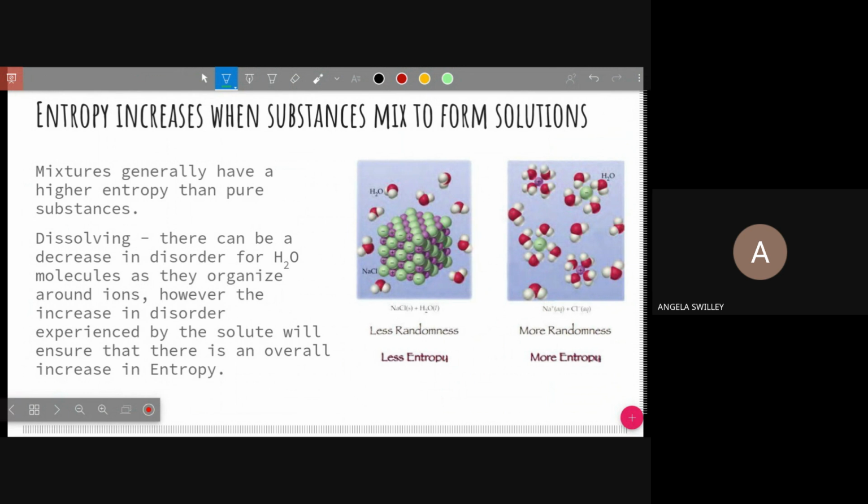Remember that when dissolving, there can be a decrease in disorder for H2O molecules as they organize around ions. However, the increase in disorder experienced by the solute will ensure that there's an overall increase in entropy. It shows you on the right-hand side, less randomness when you have your water and your solute particles, but they're still not dissolved. Once they do dissolve, you have more randomness, more entropy.